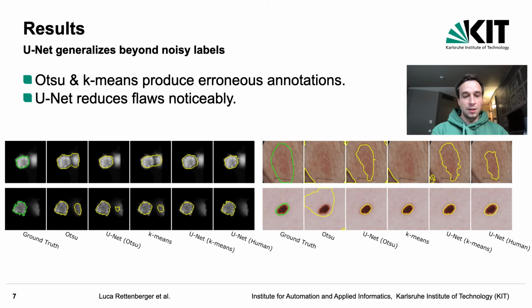But if we then train the U-Net with the Otsu and the k-means labels, in both cases the reflections are mostly filtered out. Well, we can see here on the bottom sample for U-Net and Otsu in combination, it is not quite perfectly segmented out, but mostly the U-Net is able to capture this relation that light reflection is actually not part of the spheroid itself.